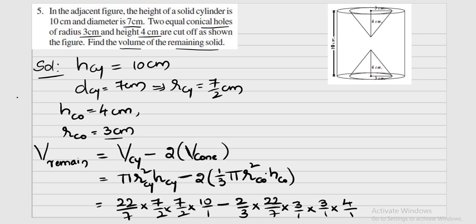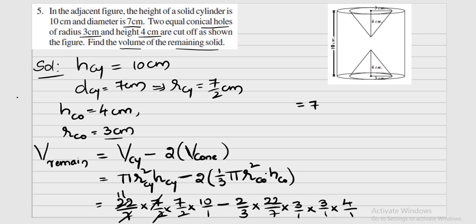So 4 by 1. Now on simplification, this 2 gets cancelled. Next, this 2 in 22 goes 11 times. So finally, what am I going to get here? 11 7s are 77, 77 10s are 770. What is half of 770?